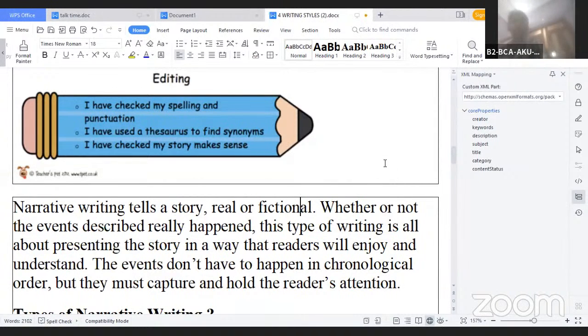Ma'am, what can we do to be best in creative writing or story writing? Yes, what can we do to be best in creative writing style or story writing? Story writing is creative writing. What can we do to be best in it?